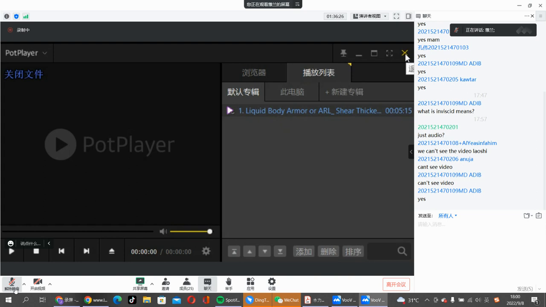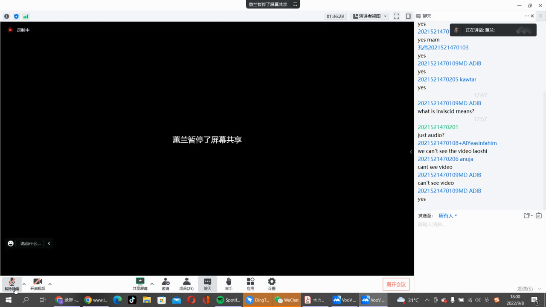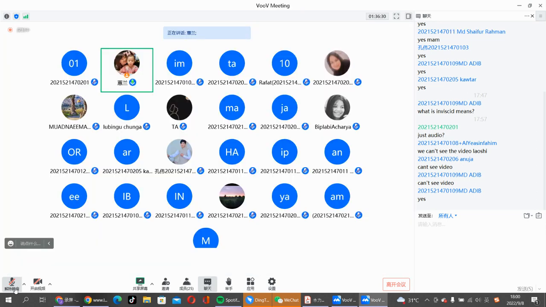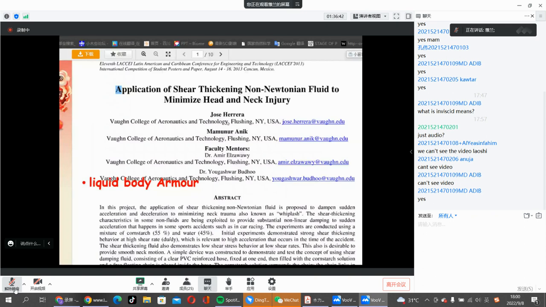Okay, you got it? This is the application of shear thickening, okay? I think I need to share with you, okay? Just wait a minute. This is shear thickening fluid.